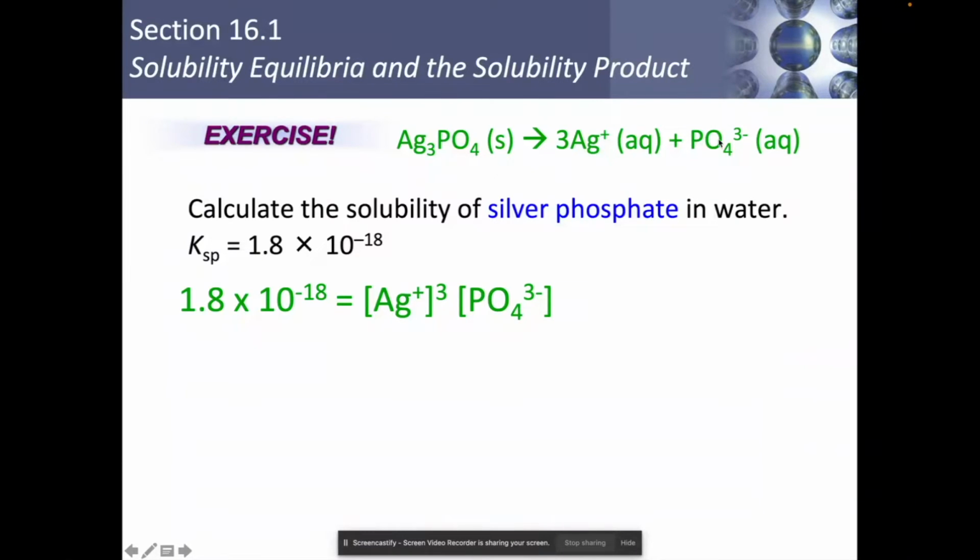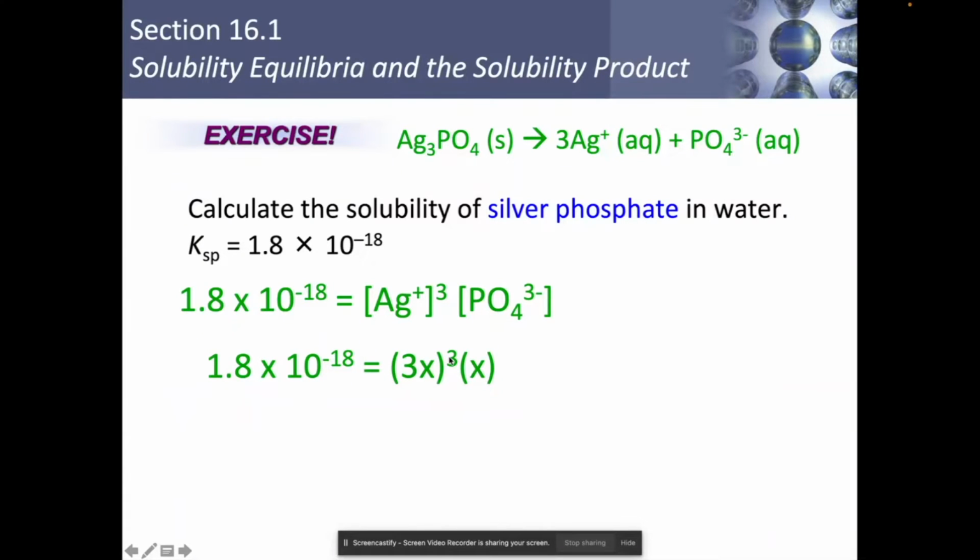That just kind of logically makes sense. There's a 3 here. And so that means no matter what, I'm always going to have 3 times the amount of this compared to this. So when I'm plugging that in, I do need to include the 3 here because it's really 3 times that amount cubed. And again, a lot of times people say, well, you're already cubing it. Why would you need to do this?